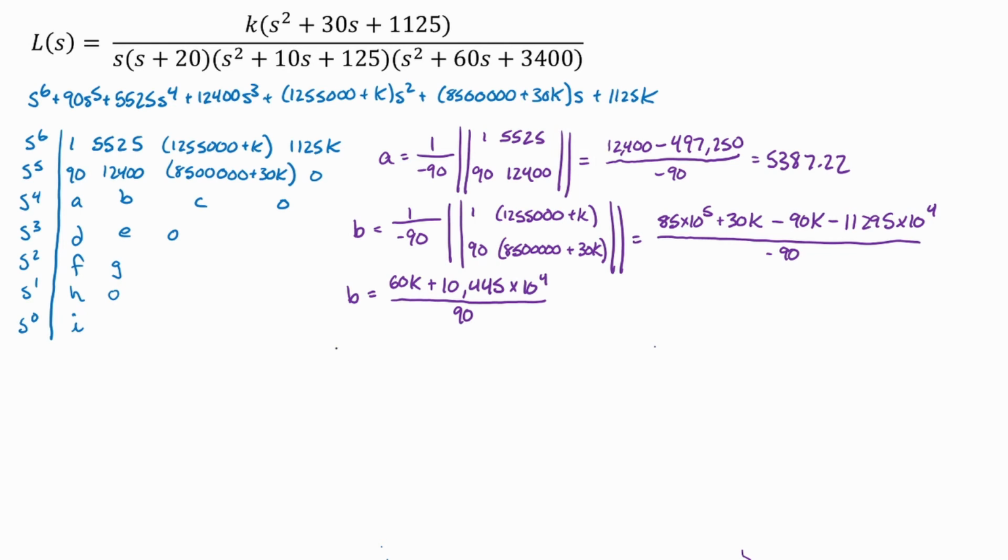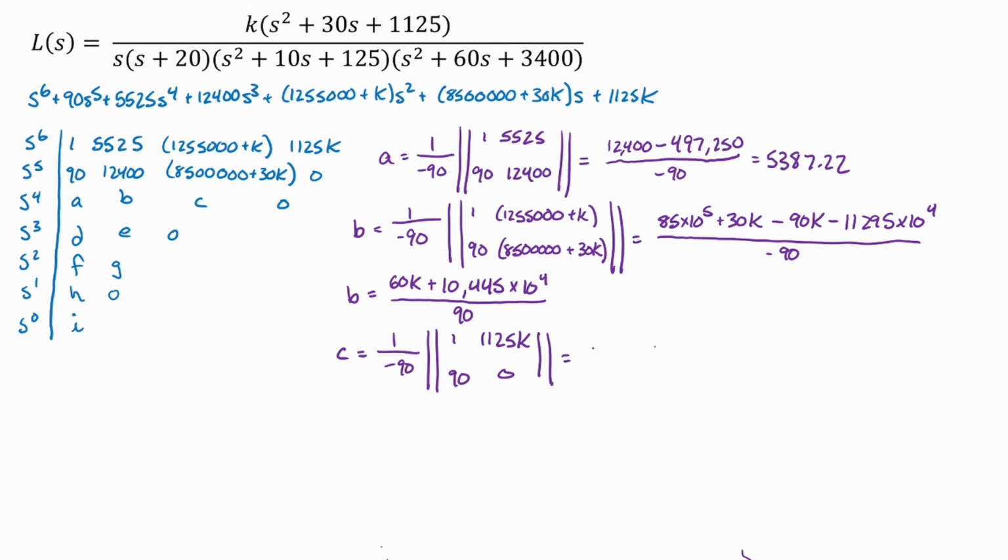So again, similar method, we're going to go to c. c is 1 over negative 90. We have 1, 5k, 90, and 0.